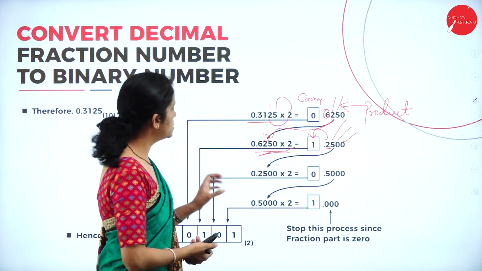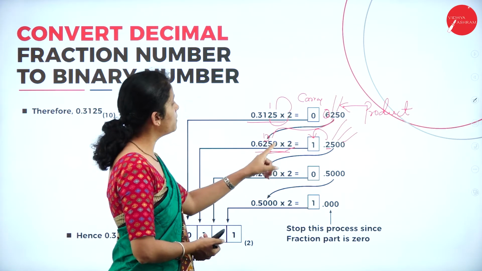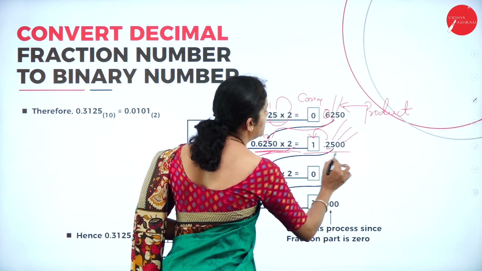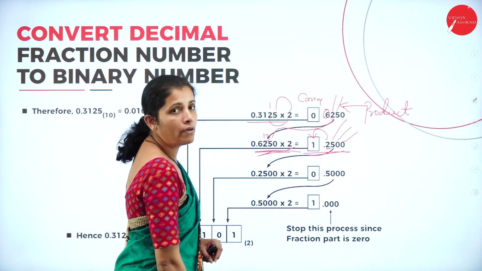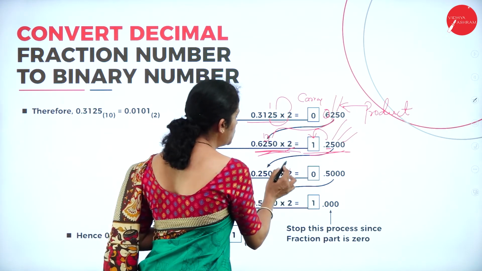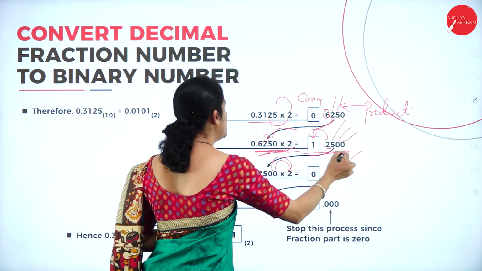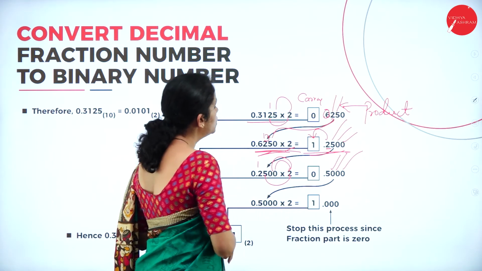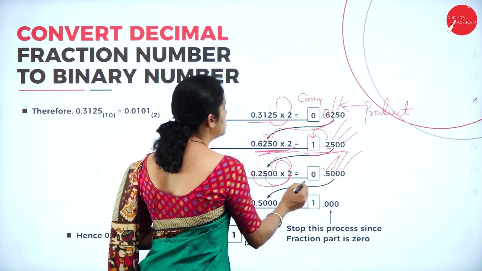Fine. Now, dear student, I'm going to have 0.6250 and I'm going to multiply that by 2. After that, I'm going to get the result 1.2500, and I'm going to multiply that by 2. So 2 into 0 is 0. 2 into 0 is 0. 2 5s are 10, so 0 and 1 is carry. 2 into 2 is 4, 4 plus 1 is 5. 2 into 0 is 0.